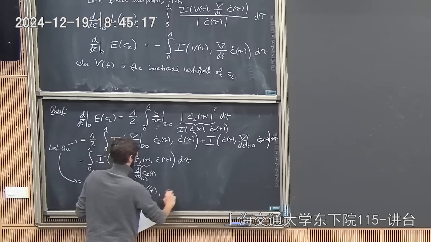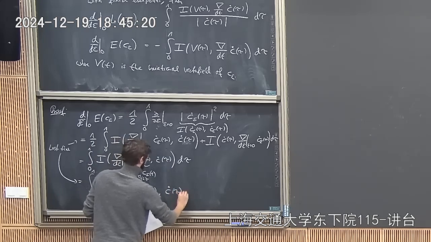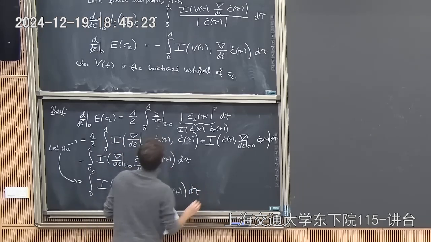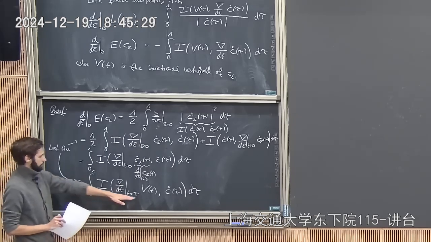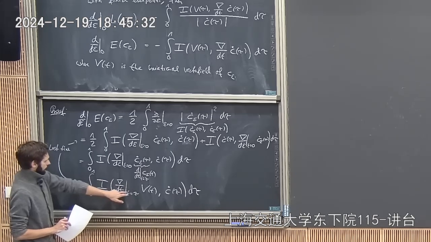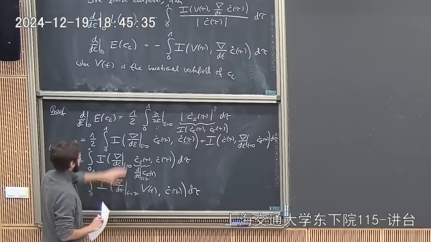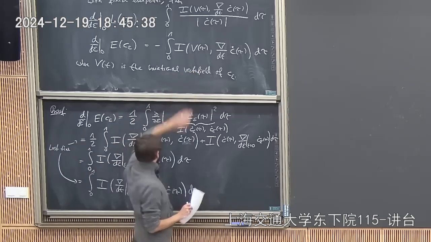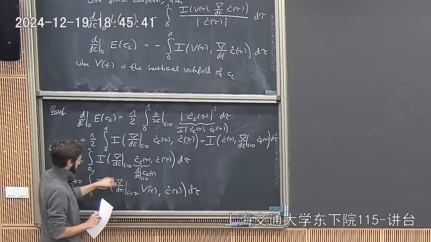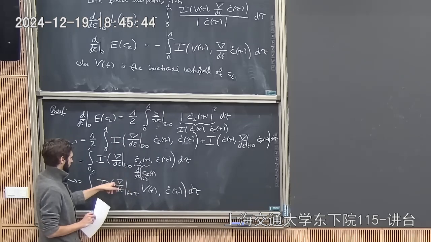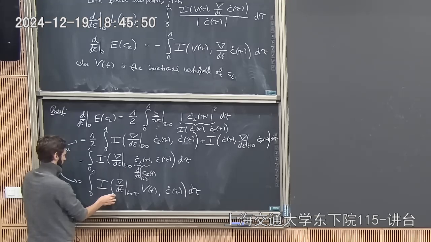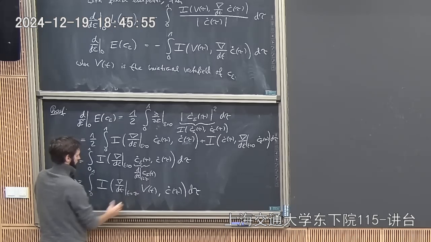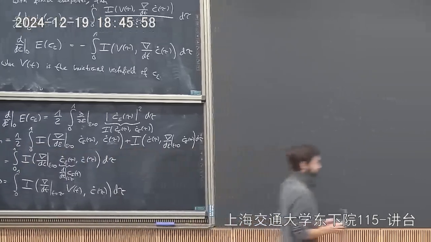And then here we don't change anything. So we just changed the epsilon and the t derivatives. And now the next step is, over here we have v of tau. So that's already almost what we want, except that here we have ddt too much. So the idea would be to take the ddt out, essentially a partial integration or integration by parts, to get the v of t without the derivative.